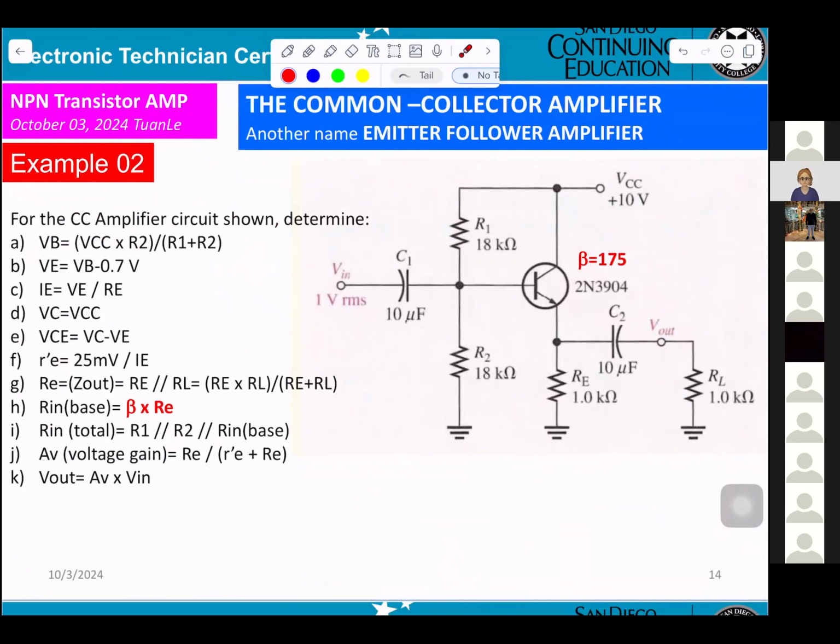However, for the technician, basically you don't have to go into too many details to calculate it. However, you have to recognize the name of the amplifier, the purpose of the capacitors in here, and very basic calculation.